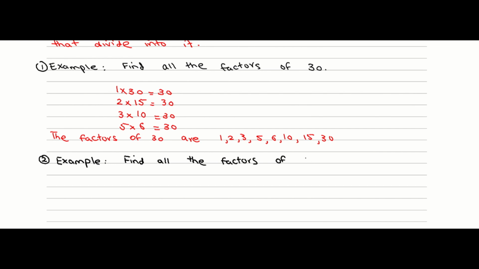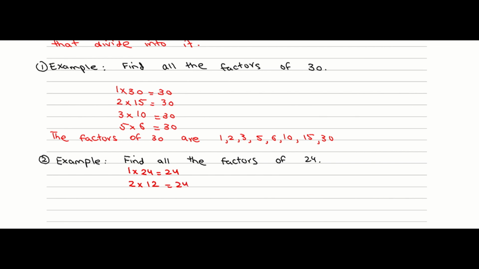We will again do the same thing. We will start with 1. 1 times 24 is 24. Then in the table of 2, you divide 24 by 2, which gives you 12. So 2 times 12 gives you 24.